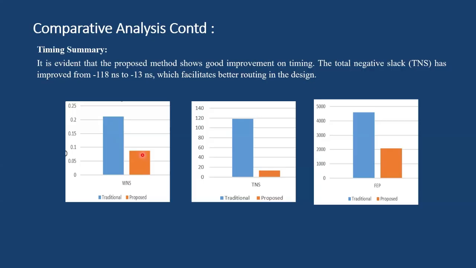So it's easy for us to fix these paths with the latest approach. TNS also has come down all the way from 118 NS to 13 NS. We see a good improvement, and the number of paths to deal with has also come down significantly. And the turnaround time to close these partitions has also come down significantly.